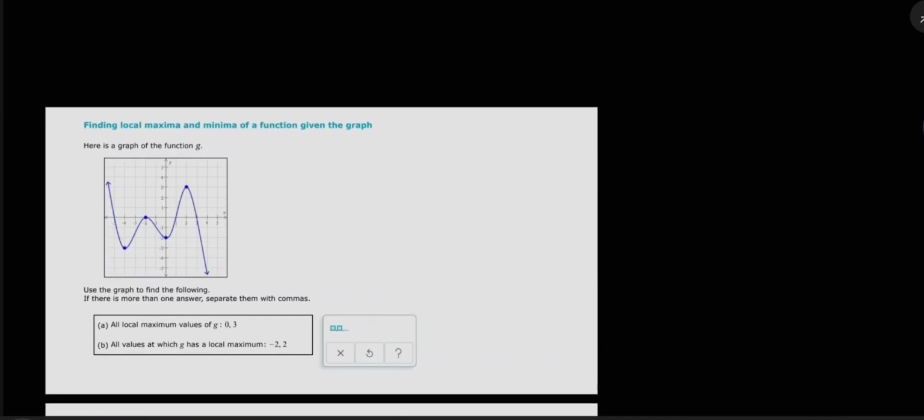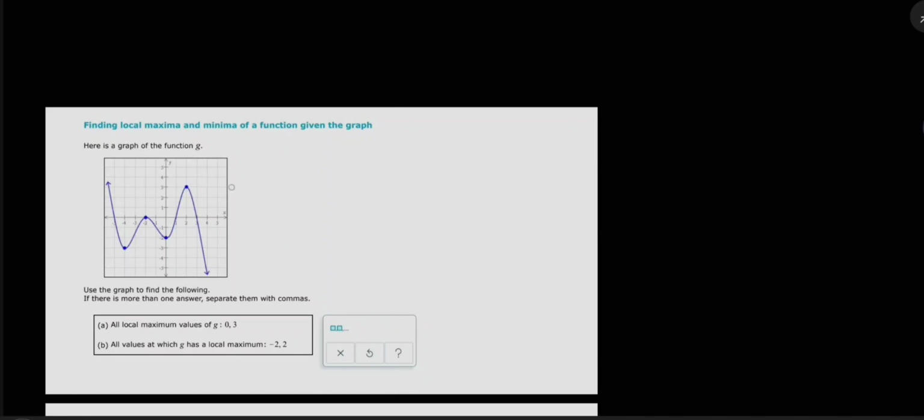we would use local maxima or local minima to describe these high and low points. So for this, we're going to call this point right here our local maxima, and we'll call this point right here our local minima.